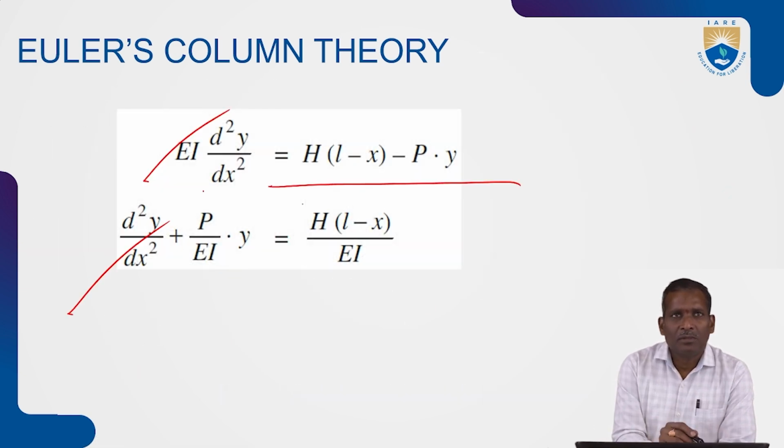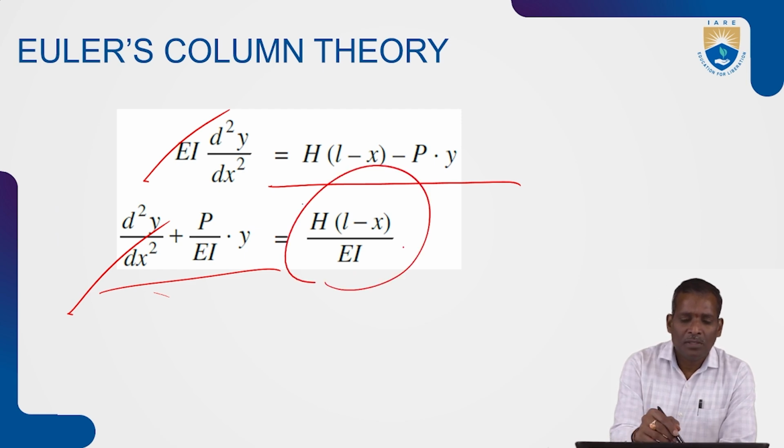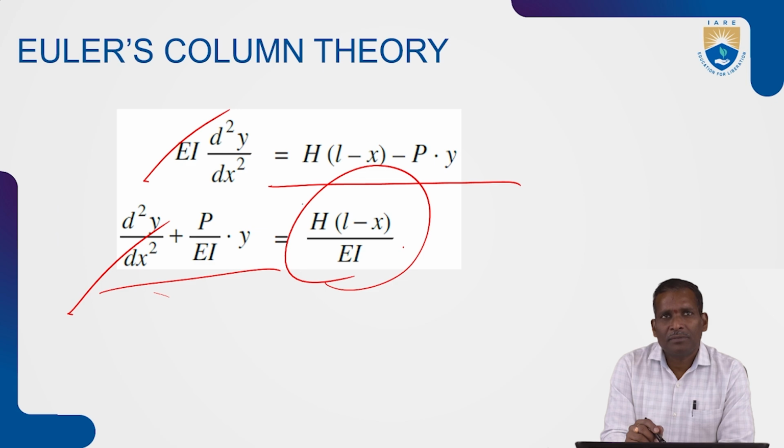Now simplify the above equation: d squared y by dx squared plus P by EI into y is equal to H into (L minus x) by EI.